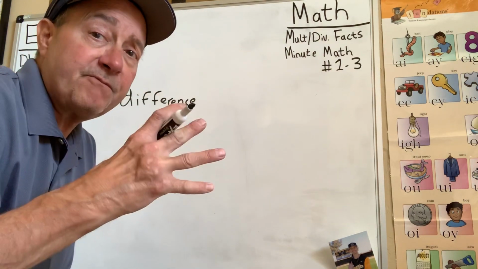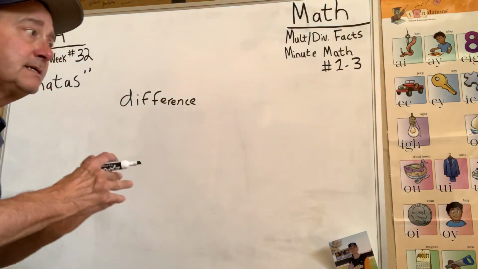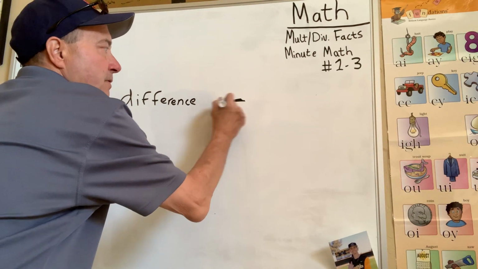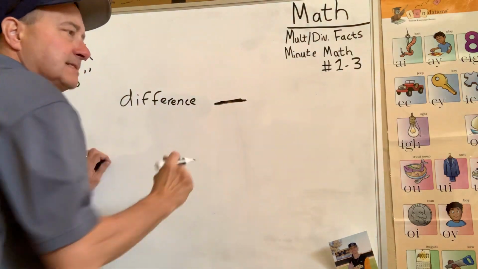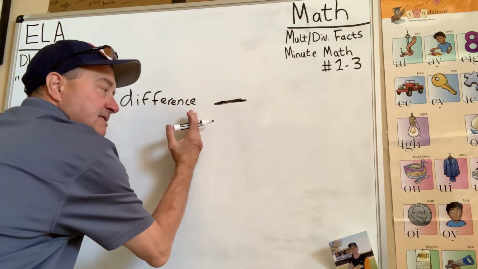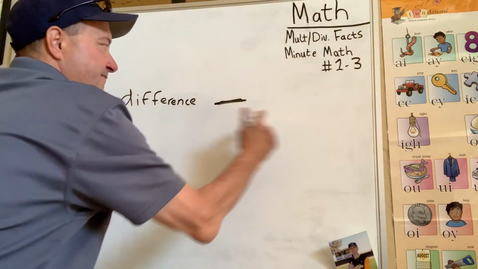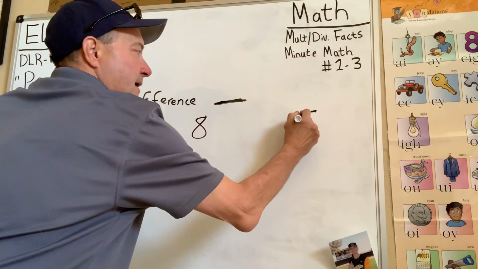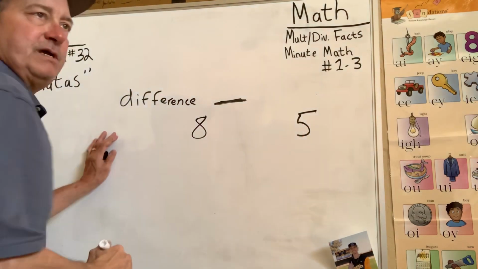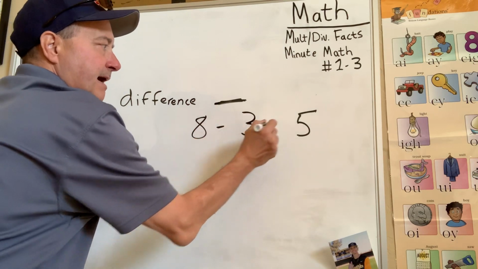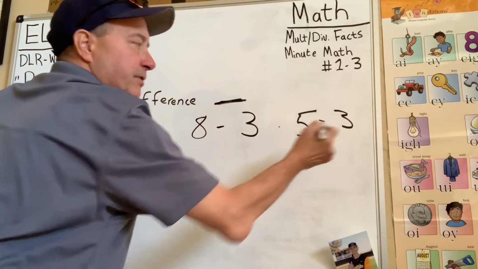When you hear the word difference, that means what's different about them? So you think subtraction, okay? That's going to be subtraction, guys. The difference between this and this. So if you have an 8 and a 5, what is the difference between them? And the difference is 3, because 8 minus 5 equals 3.